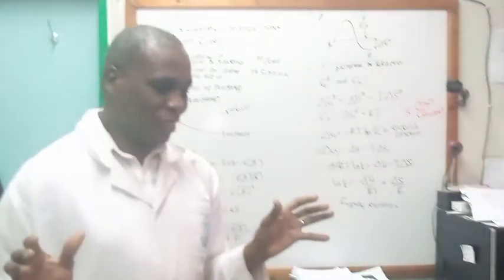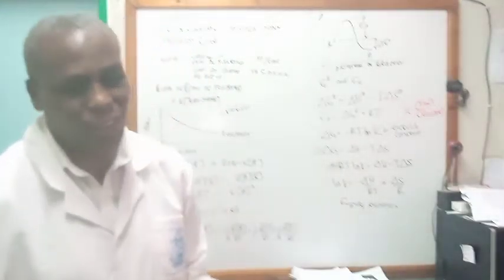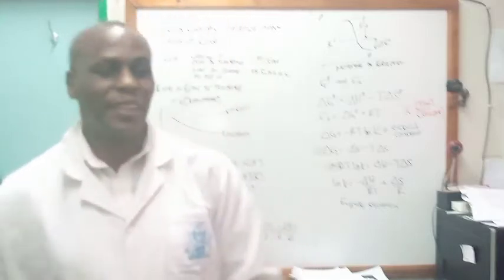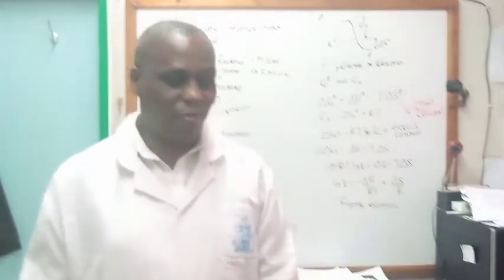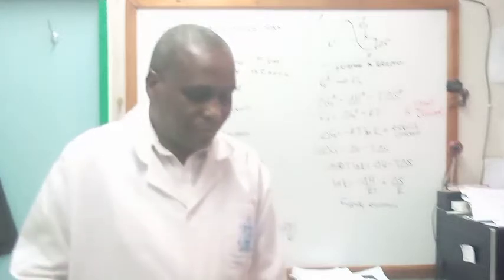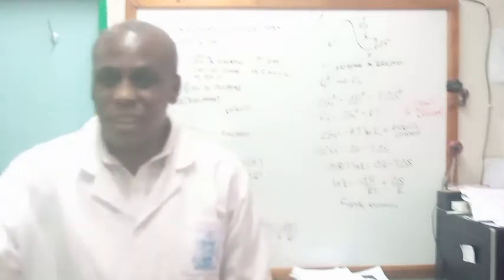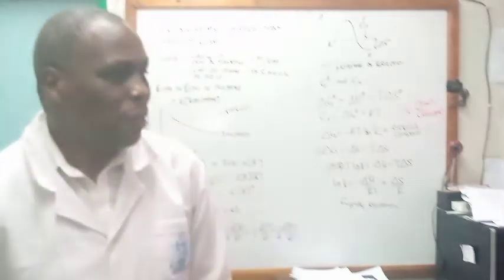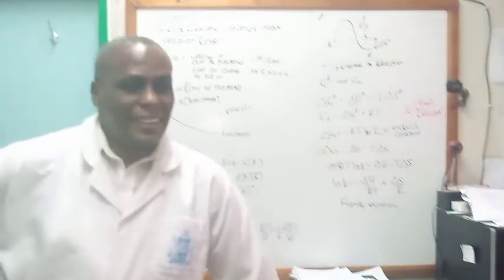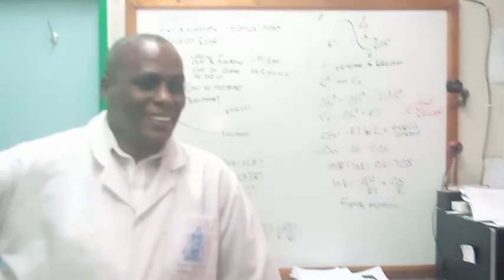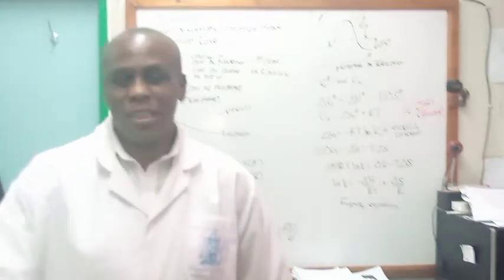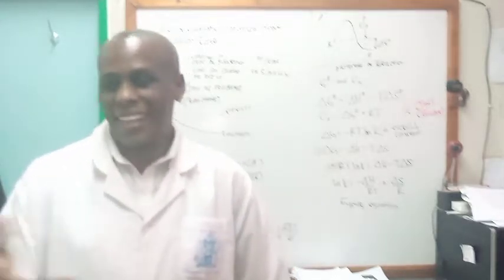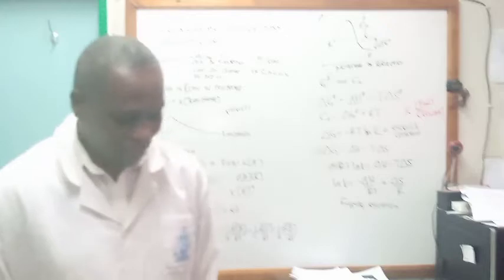In talking about, for example, thermodynamics, you can say that the delta G is negative, and therefore the reaction is spontaneous. Yeah, but let me say, you may want to set up an industry as a chemist.